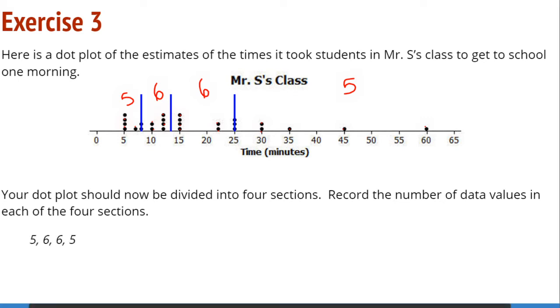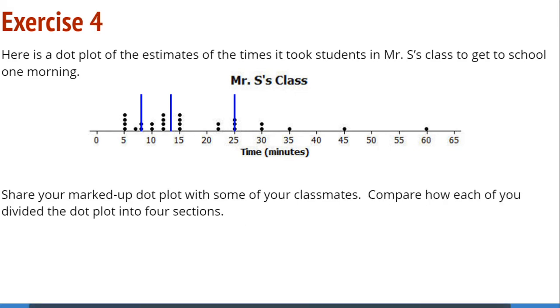Now you might have divided yours a little differently. That's okay. What we're doing is we're taking a look at the dot plot and trying to see how we could divide it up. Now, if we were in class, we would share with each other our dot plots and we'd talk about things that we did the same and we'd talk about things that we did differently.